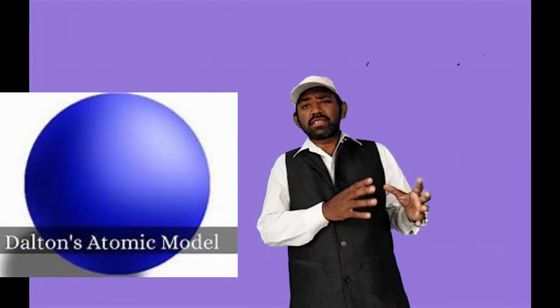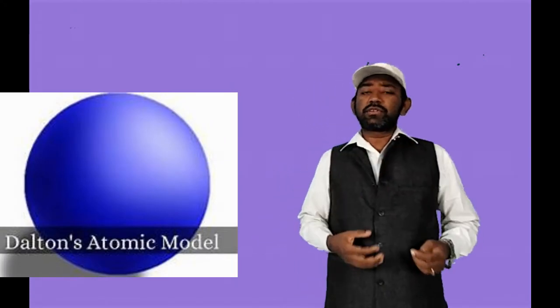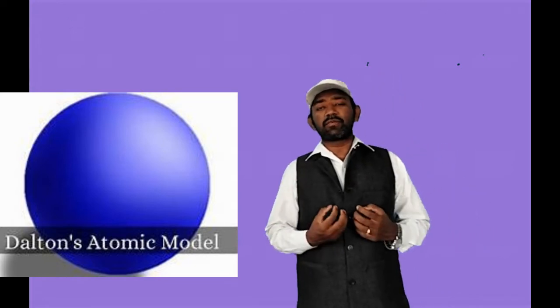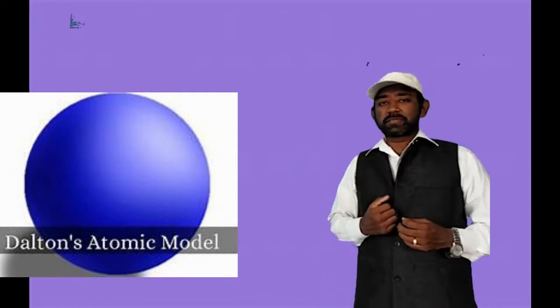In 1803, John Dalton proposed a theory to explain the structure of the atom on the basis of well-known laws: the law of conservation of mass, the law of definite proportions, and the law of multiple proportions. By using these laws, John Dalton proposed the atomic hypothesis, which consists of the following postulates.